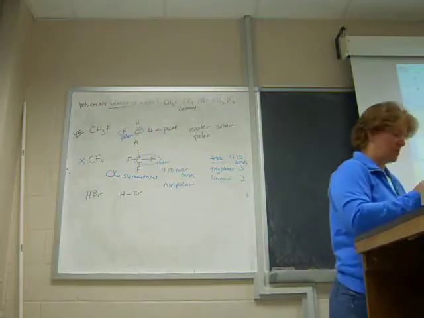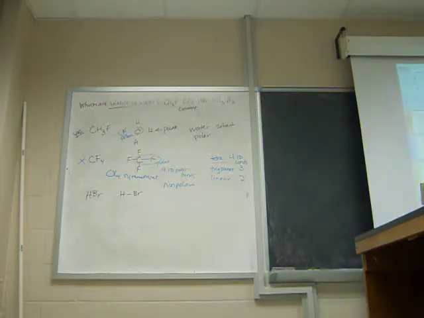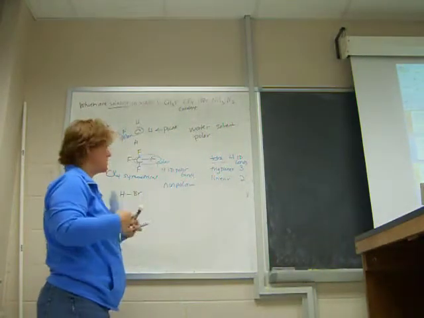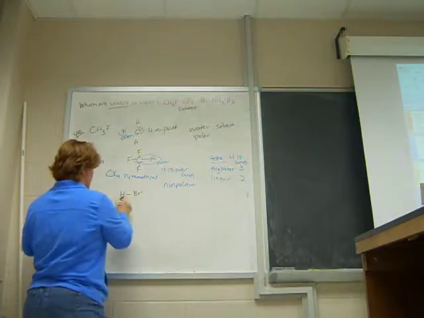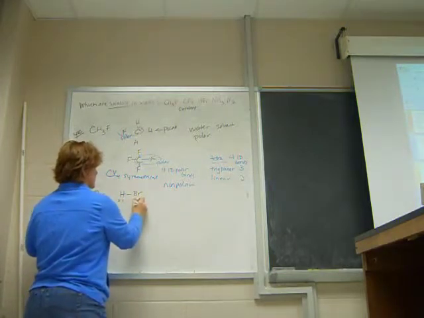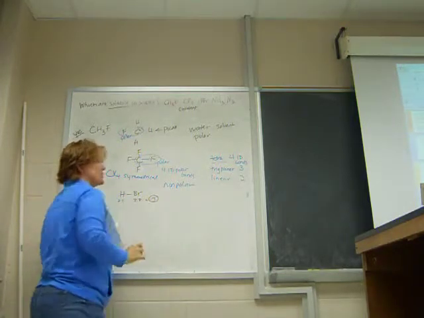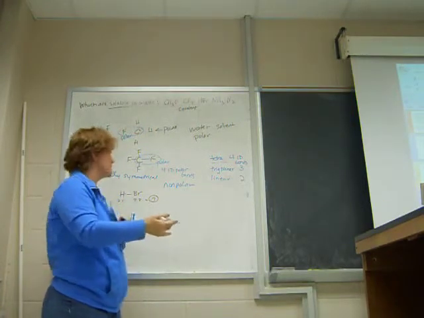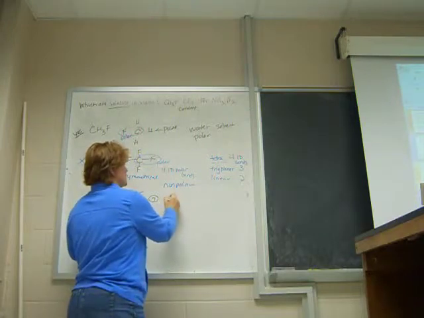All right, let's check it out. Hydrogen is 2.1 and bromine is 2.8. 0.7 is enough electronegativity difference. It's between 0.45 and 1.7, so this would be a polar bond.